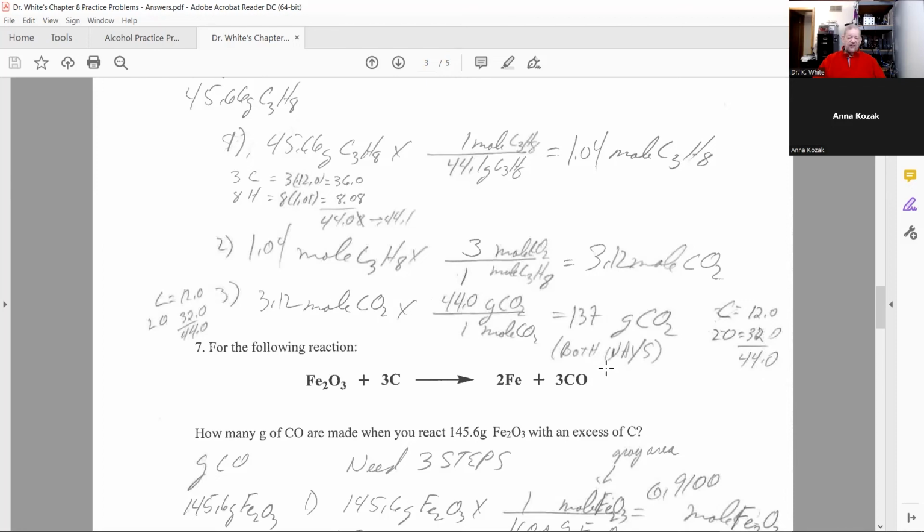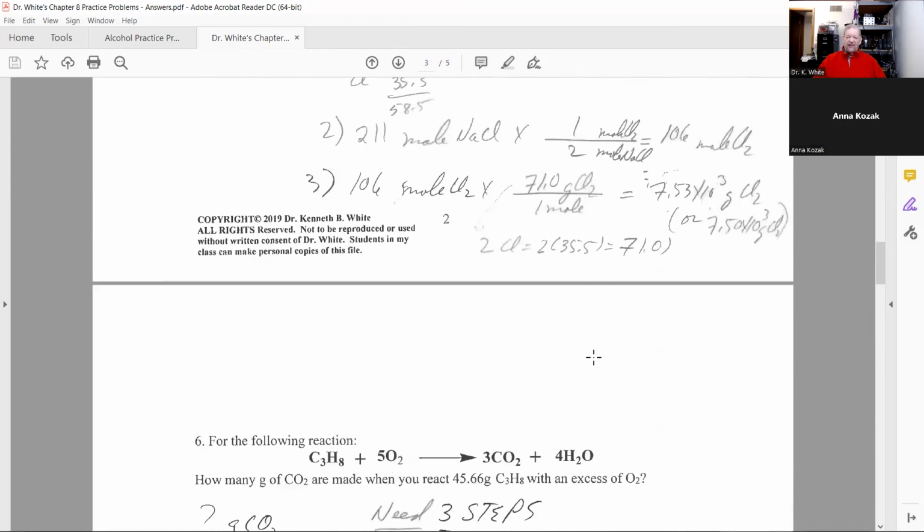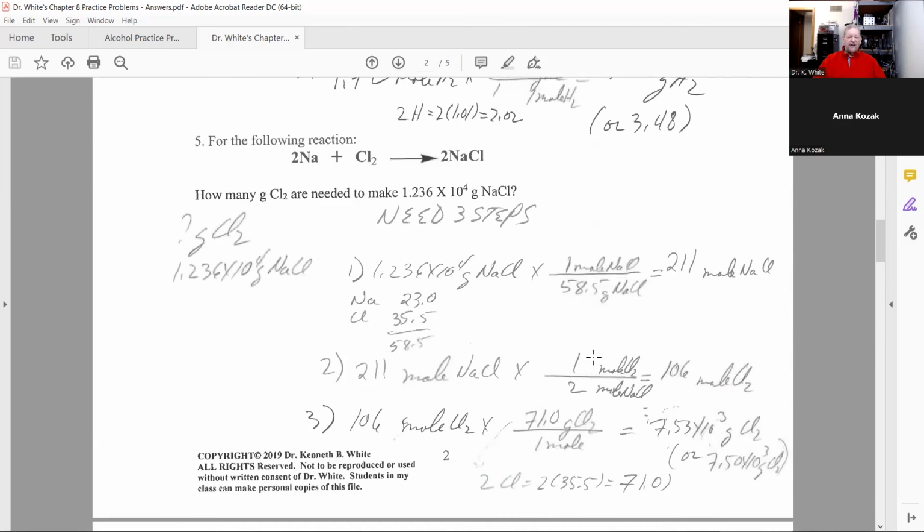What that means is you round off at each step or round off at the very end, you get the same number. Now, if you look at other problems, like number 5, the very answer at the bottom, 7.53 times 10 to the third, notice I have, or, hopefully you can read cursive, 7.50 times 10 to the third grams.